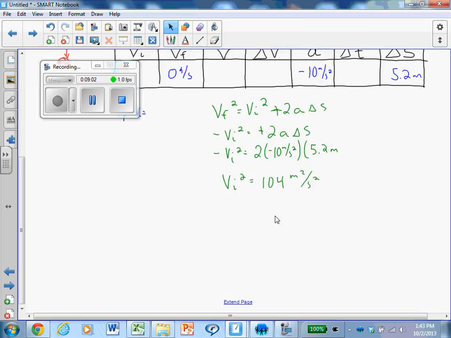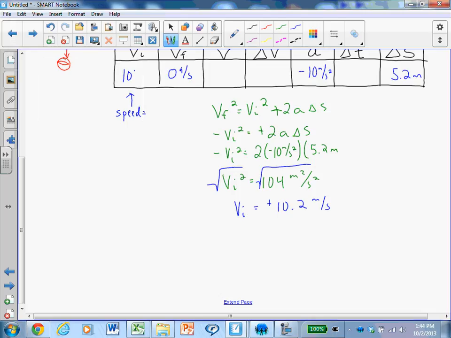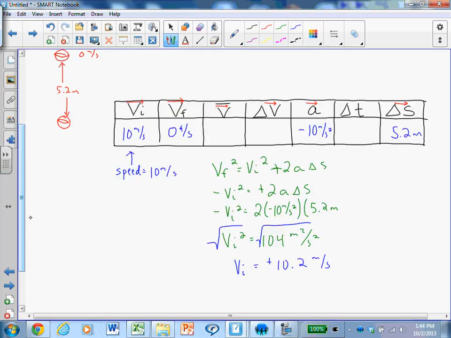It could be positive or negative once you take the square root. Both would solve it, but in this case, since it's going up, it would be plus 10.2 meters per second. And of course, in the actual question, it asks for the speed, so that's all we needed. And so we actually solved the problem we would be done.